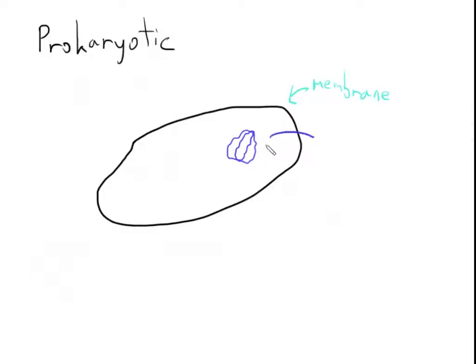And in that nucleoid region, we're going to find DNA. Additionally, prokaryotic cells have some small structures that we find pretty much in all organisms, known as ribosomes. Ribosomes are essentially just little protein factories.